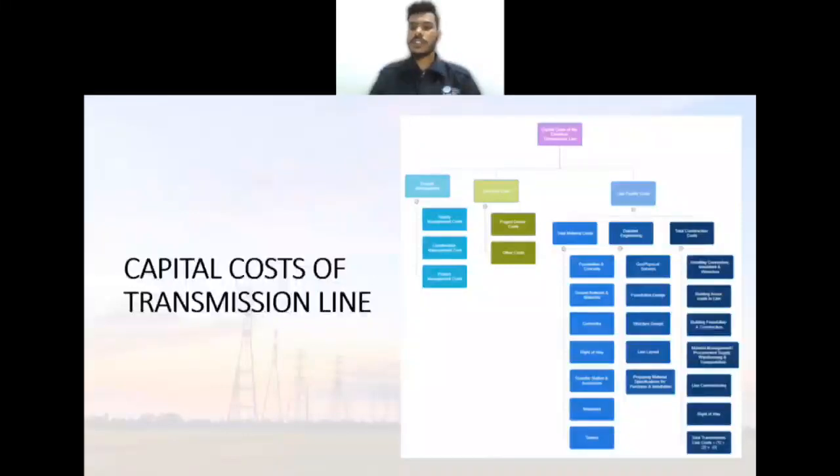The total construction cost includes installing connectors, insulators and branches, building access road to line, building foundation and construction, material management, procurement, supply, warehousing and transportation, line compromising, and right of way. The total transmission line cost is 1 plus 2 plus 3. This is the capital cost of the electrical transmission line.